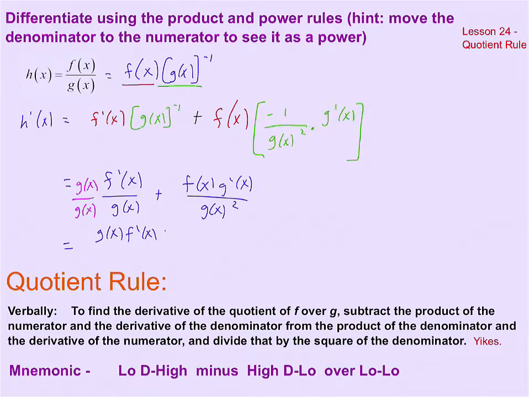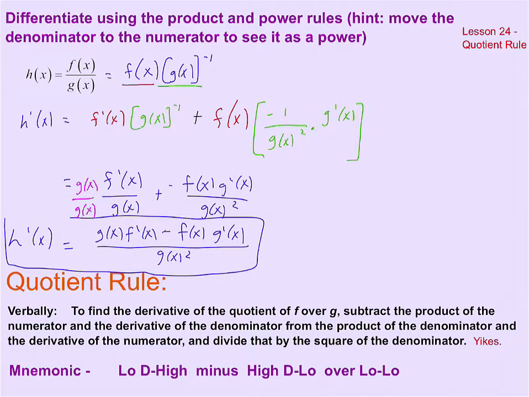Notice I made a mistake above. I forgot about this little negative sign right here, so that would carry on. So minus f of x times g prime of x over g of x squared, and that is the derivative of our quotient function. So that makes a rule. That is the quotient rule.